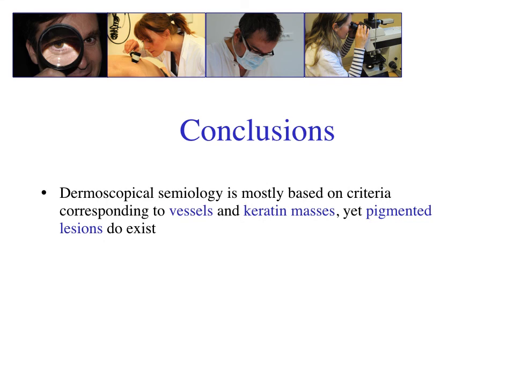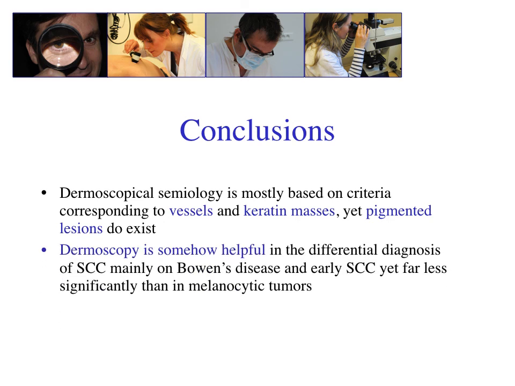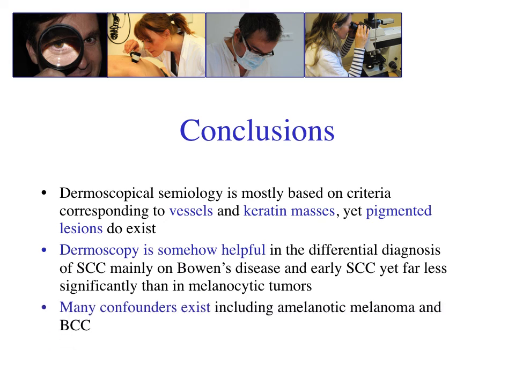Dermoscopical semiology is mostly based on criteria corresponding to vessels and keratin masses, and some pigmented lesions do exist. Dermoscopy is somehow helpful in differential diagnosis of squamous cell carcinoma, mainly in case of Bowen's disease and early squamous cell carcinoma, but it's far less significantly interesting than in melanocytic tumors.